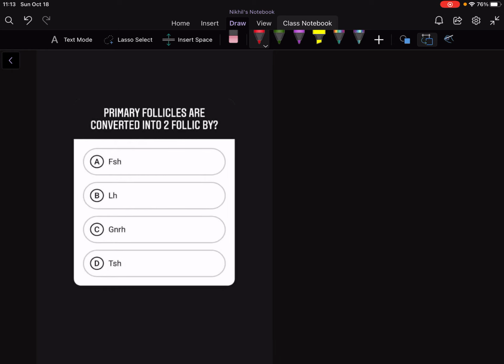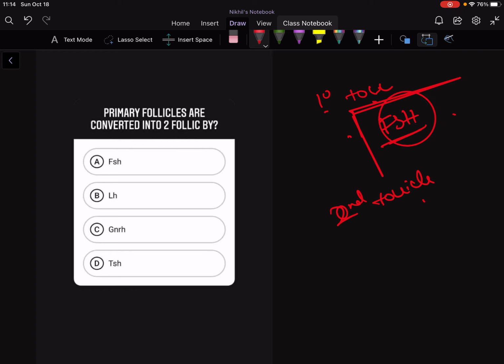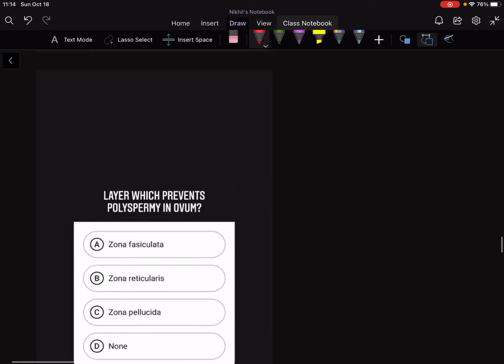Primary follicles are converted into secondary follicles in the presence of follicle stimulating hormone. Remember, primary follicles are converted into secondary follicles by follicle stimulating hormone.